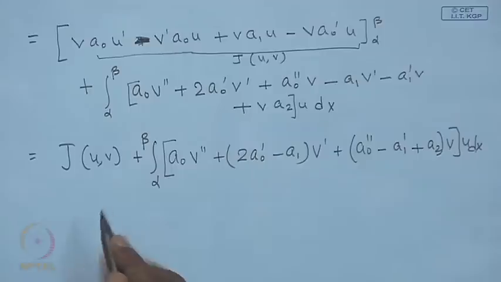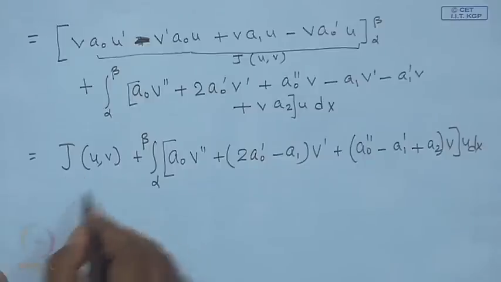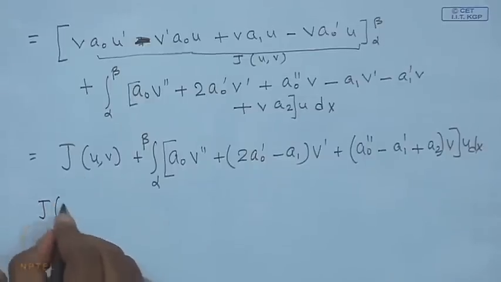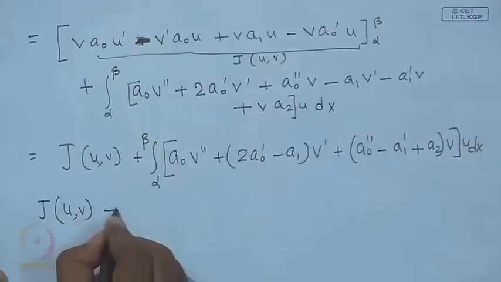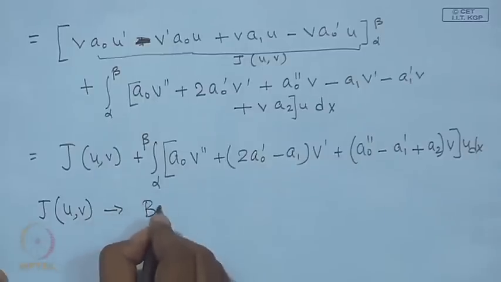Okay. So, let us examine all these terms one by one and see what we get. J u v is known as bilinear concomitant.